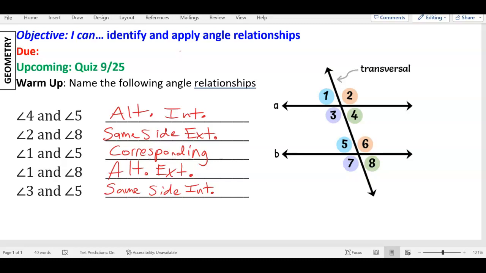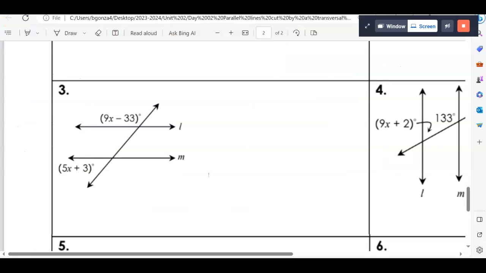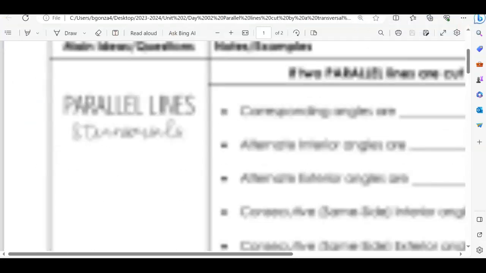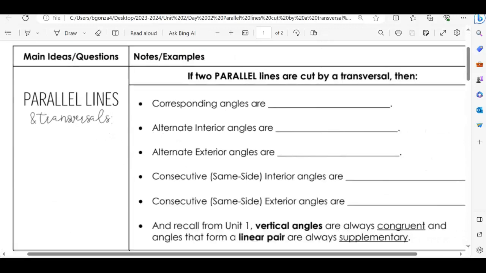Quick. We're doing some notes here. All right. Okay. So I have everyone's attention.